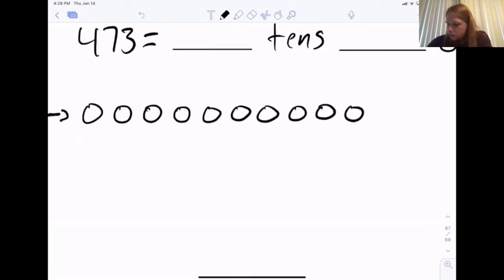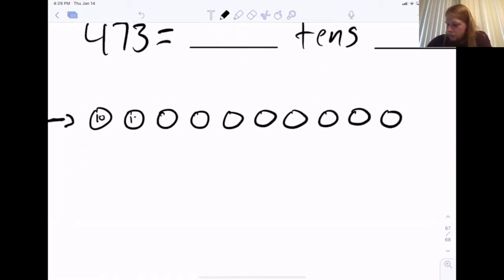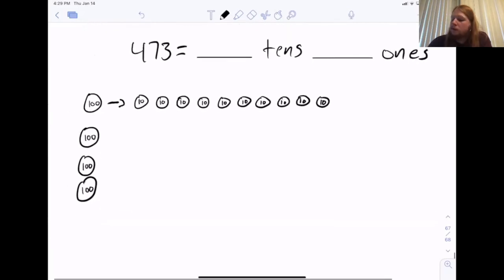I'm just going to go ahead and zoom in and draw my tens really quick. 10, 10, 10, 10, 10, 10, 10, 10, 10, and 10. Do we need to do it with more than just that 100 piece, or is that one okay?